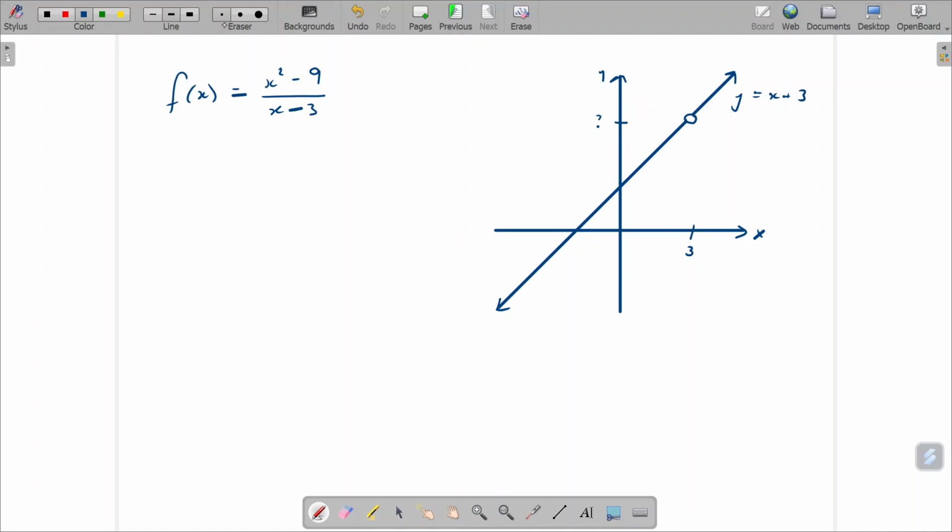undefined point? Now, you'll notice that for every other value except for x equals 3, if I was to say y equals x plus 3, except for the fact that x may not equal 3, that would be good enough to define this function.